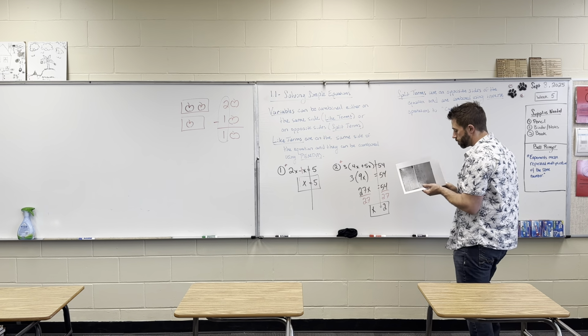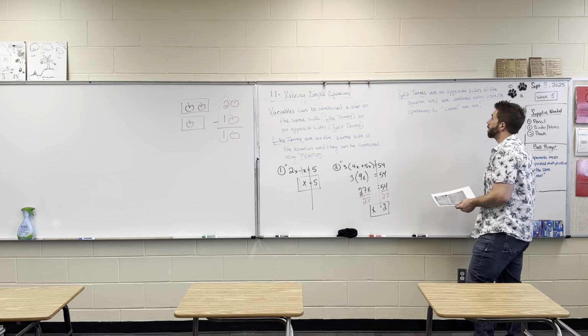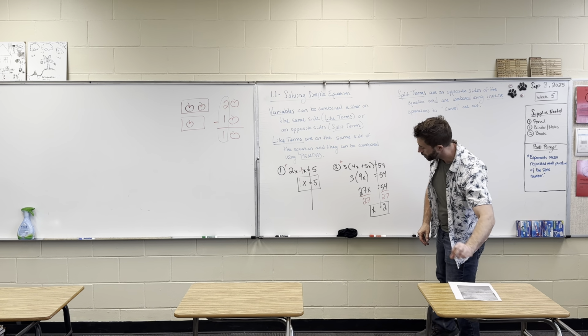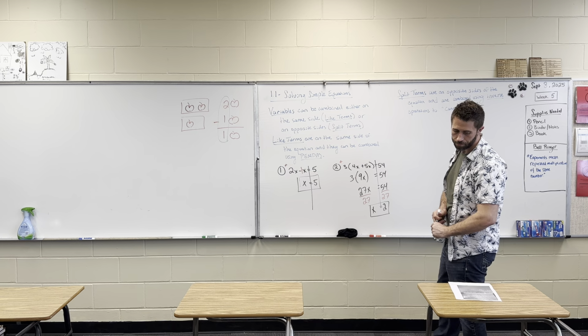Okay, so split terms, they're on opposite sides of the equation, and they can be combined by using inverse operations to cancel one of them out. So let's take a look at an example.